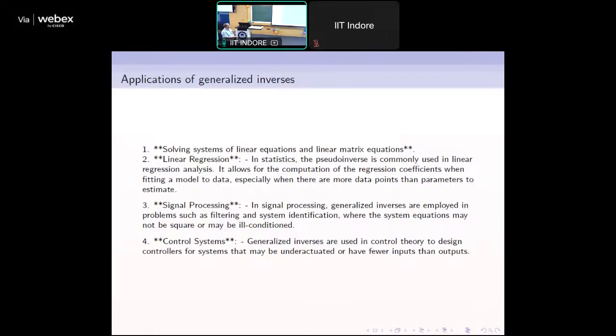The first application, the most important, I will say again, is solving systems of linear equations and matrix equations. If we consider the original AX equals B, then the Moore-Penrose inverse is there. But if we consider the constrained system AX equals B with some constraints, for example, X in the range of A, then it is possible that other kinds of generalized inverses are directly applicable.